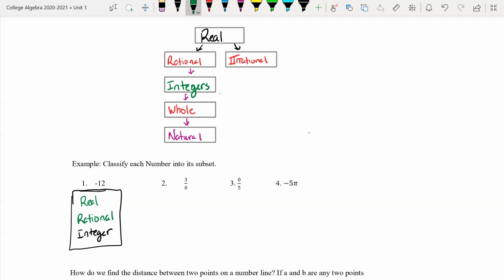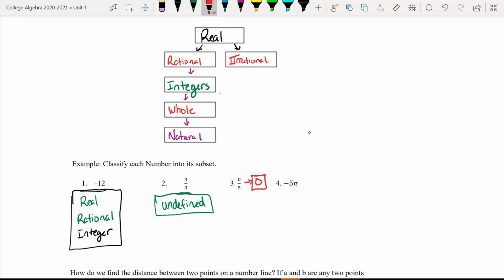All right? This one's a very important example. If it is undefined, so if I type this into my calculator and I get undefined, that's how you classify it. You classify it as undefined for right now because it's not a real number. On the other hand, though, if you type it in and you get 0, sometimes you might have to simplify the number.